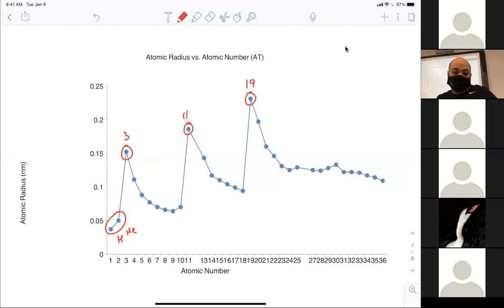They're the highest ones, and that's your lithium, sodium, and potassium. And then it decreases as you go across. That shows you that you're gaining an energy level each time it spikes back up, and then it slowly decreases over time across the period. So you're looking for these kinds of variations to explain that.